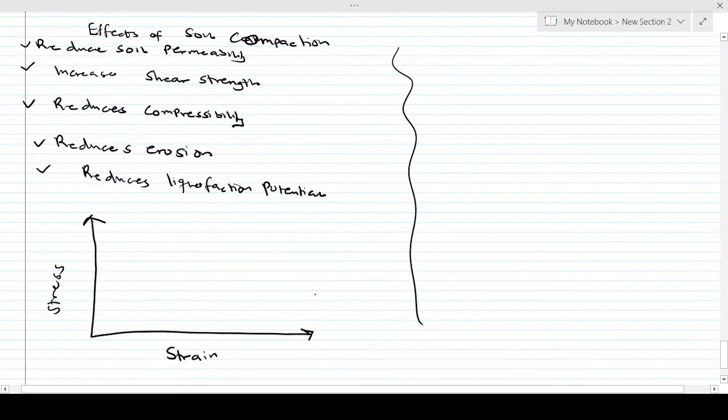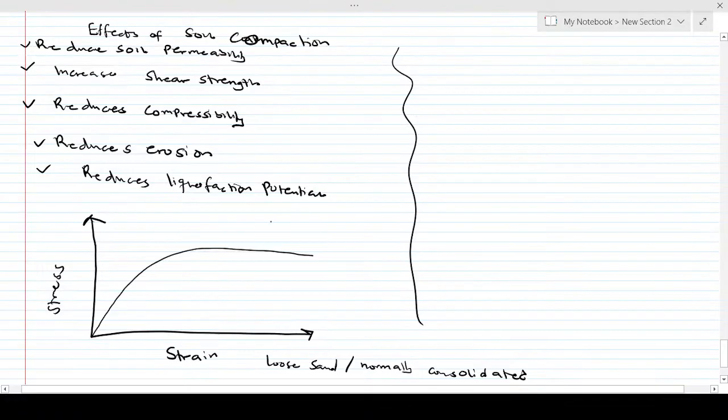So normally consolidated is the same as loose sand. For a loose sand or normally consolidated sand, the stress strain graph looks like this, where it has an ultimate stress. This is basically how it looks.